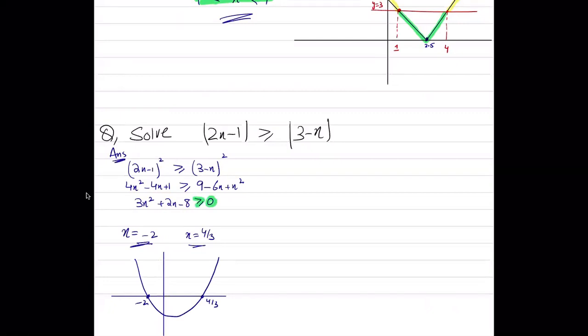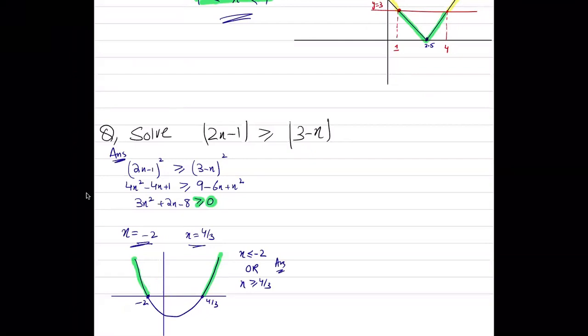So I'm going to go for those values of x which result in the positive values of my quadratic function. So what do you think the final answer should be? x is less than or equal to negative 2 or x is greater than or equal to 4 upon 3. This should be your answer.